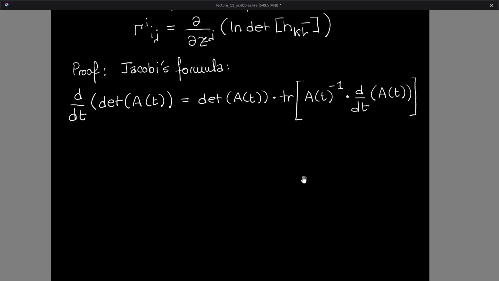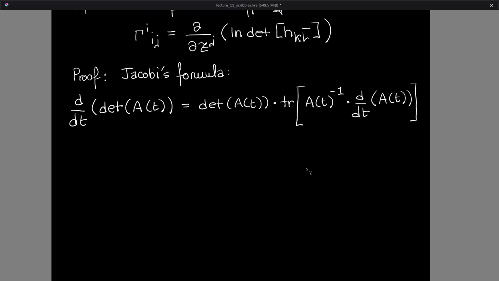So you might see where we're going with this, and we're going to expand the right hand side. First of all, let's start with partial z j of ln of the determinant of h k l bar. We use the chain rule.